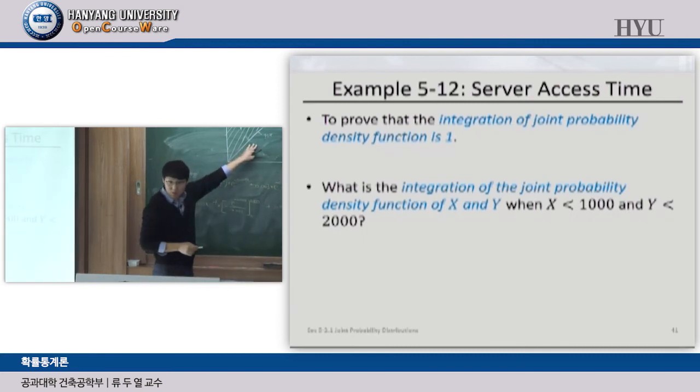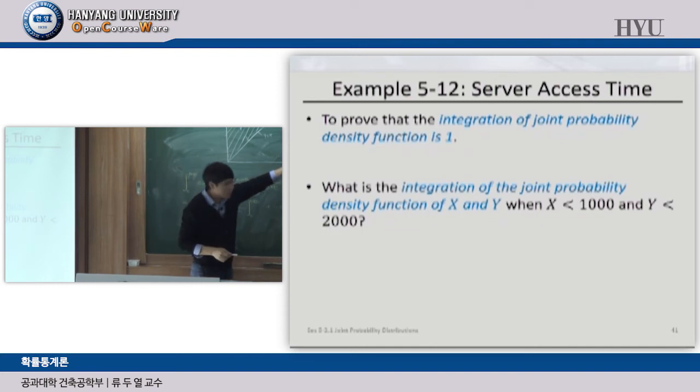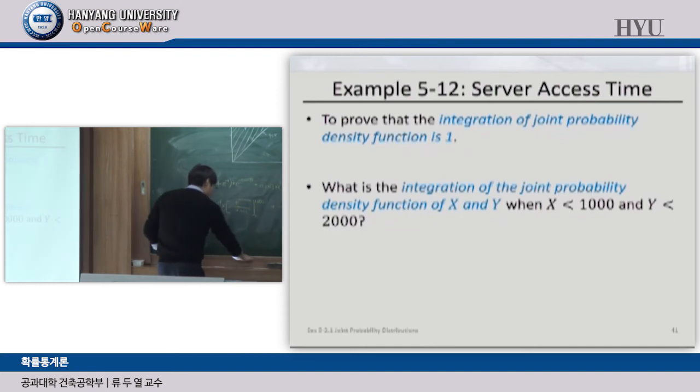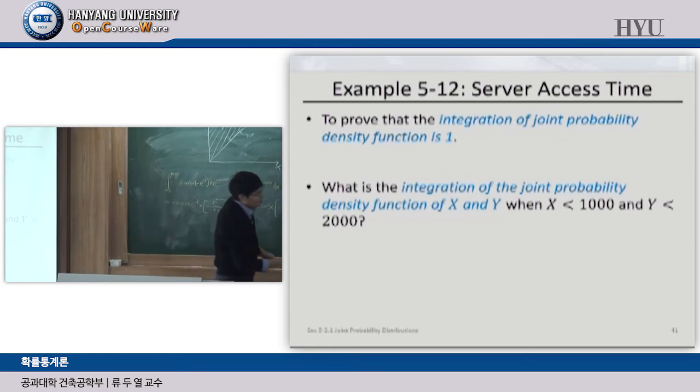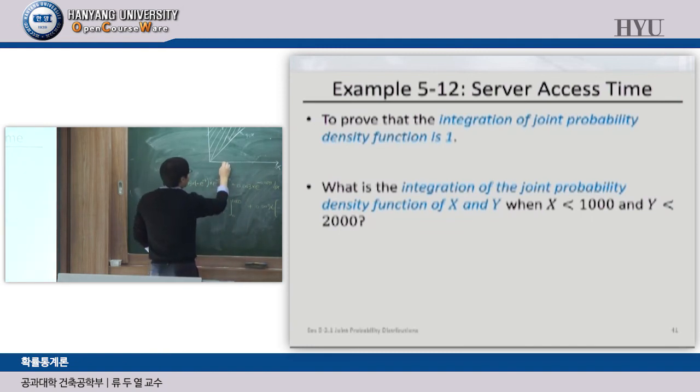And this is y equal to x. So this shaded part indicates this one. So for this case, x is more than 1000 and y is smaller than 2000, okay?